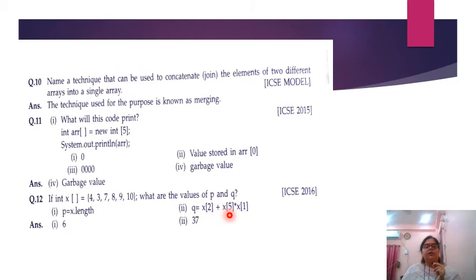What value do we have in 5? 10. And what value do we have in 1? It is 3. So 3 into 10 is 30. 30 plus what in 2 we have, 7, it will be 37. So the answer here is 37.